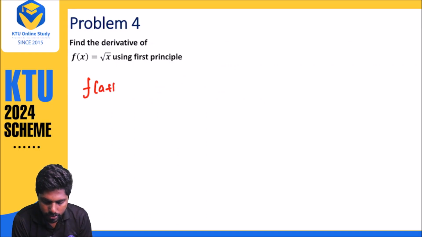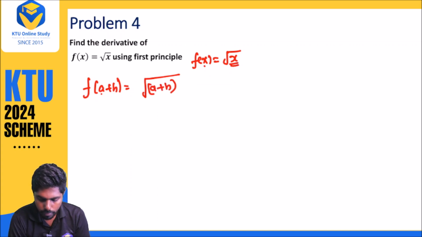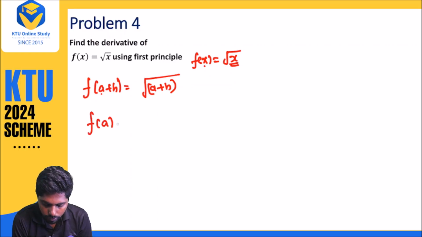We want to replace the term. We know f of x is equal to root x. So in place of x, we want to write a plus h. And what is f of a? In place of x I want to write a.